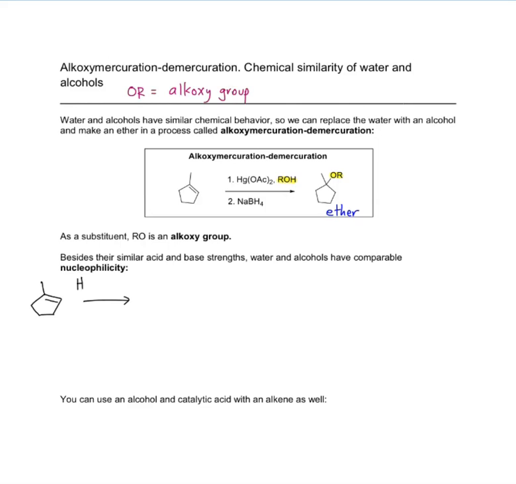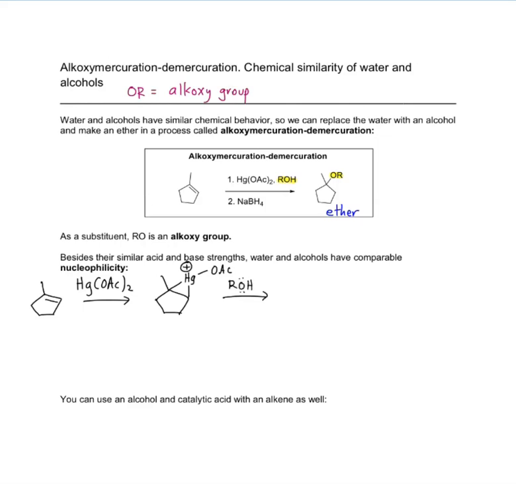Just remember that when you introduce an alkene to mercuric acetate, the first thing that happens to it is a mercurinium ion forms. Like so. Now in the present example, we don't have any water. If we did, it would be explicitly written. What we do have is an alcohol.